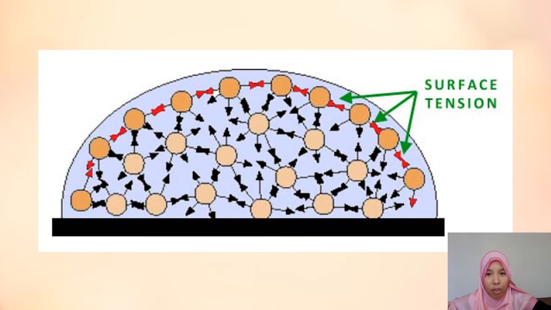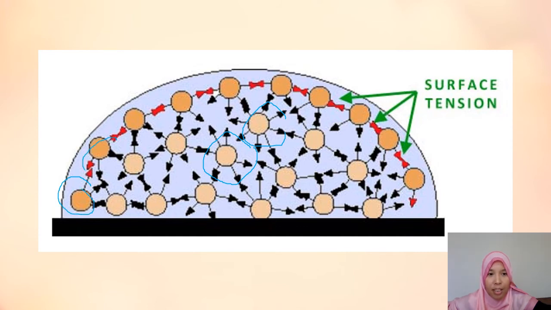Again, we're talking about the surface tension in this picture as well. All the water molecules that are inside don't have that one-direction force. It's less pressure, less tension compared to the water molecules at the edge.